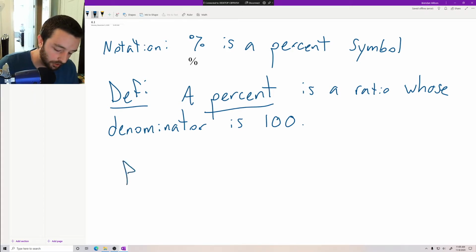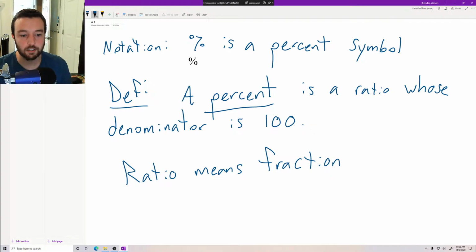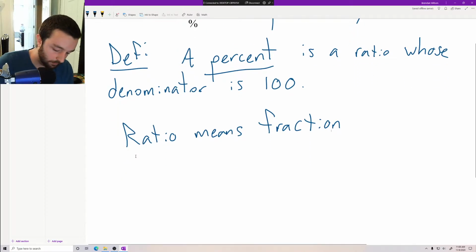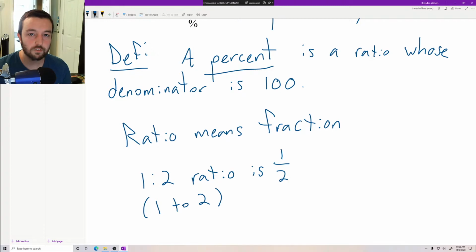So remember, ratio means fraction. When we talk about a ratio, all we mean is that it's a fraction. Like if there's a 1-to-2 ratio, which we might write as 1-to-2 ratio, 1-to-2 ratio is 1/2. Okay, so it's just a different way of writing a fraction, essentially.